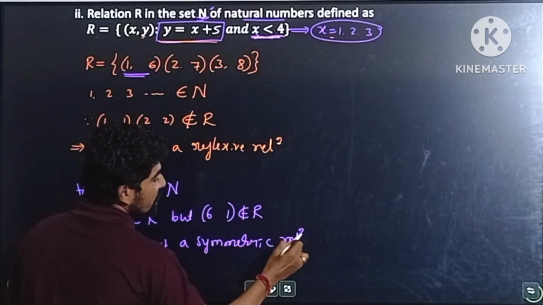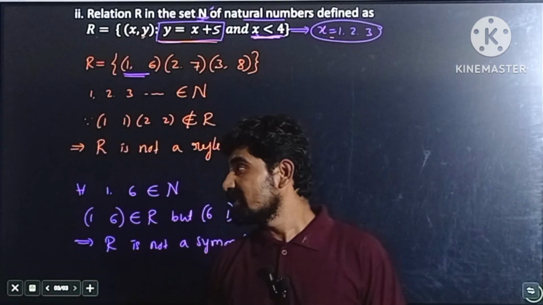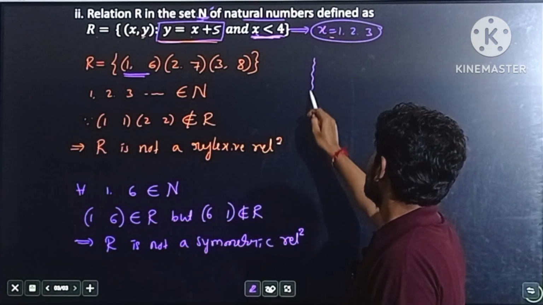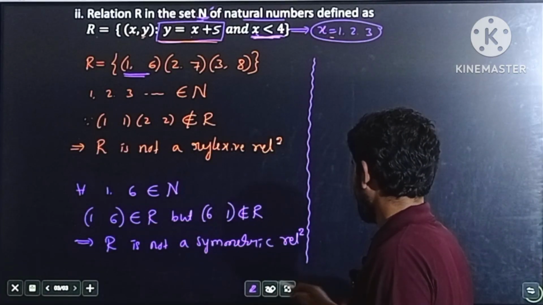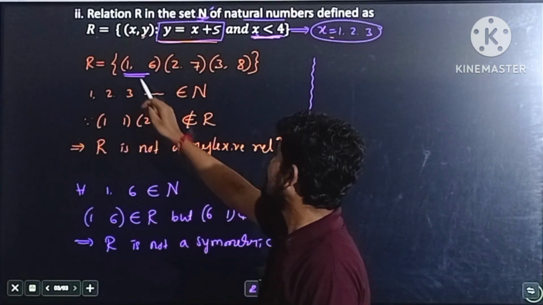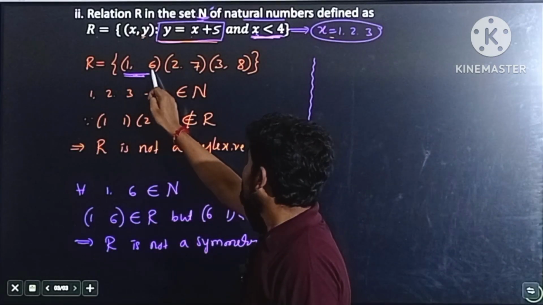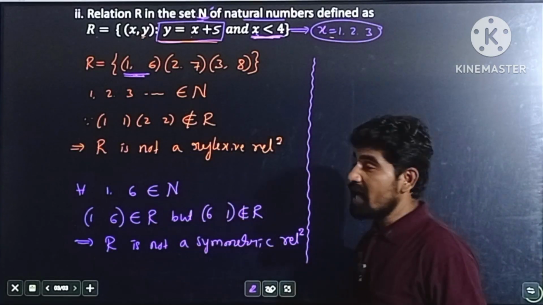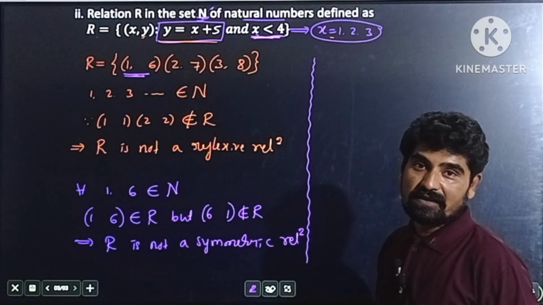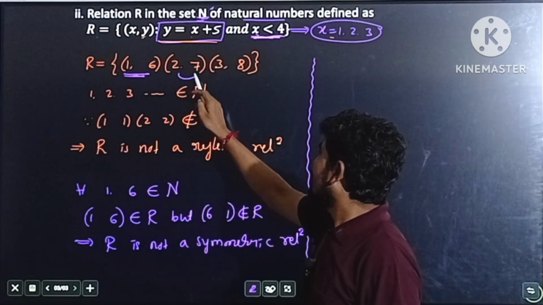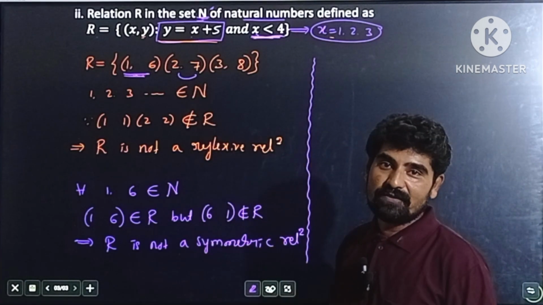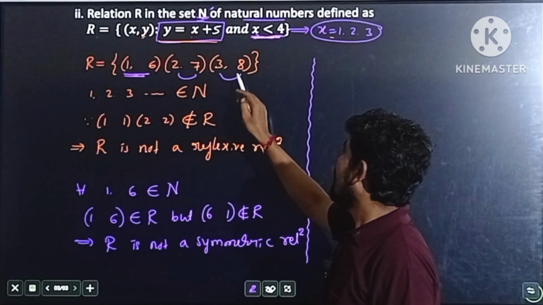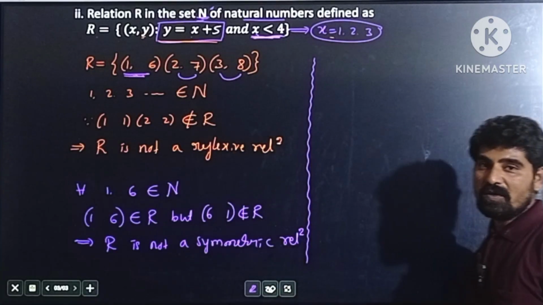And one more thing, we need to observe the transitivity of this relation. See here, just observe this relation R. Here the pair (1,6) exists, but 6 is not related to any other. And (2,7) is in R, but 7 is not related to anyone. And (3,8) is in R, but 8 is not related to anyone.